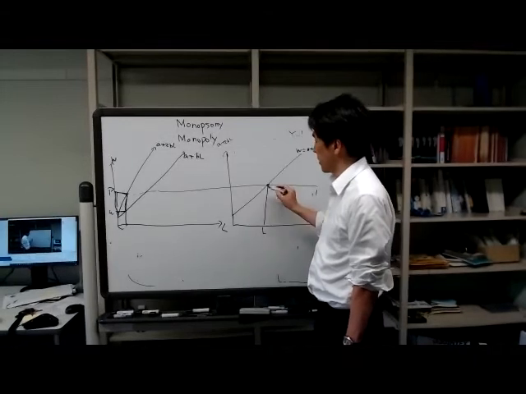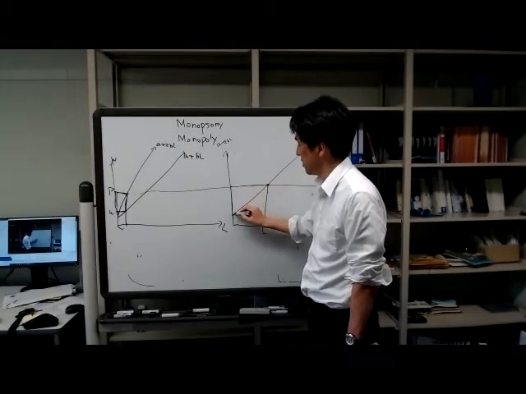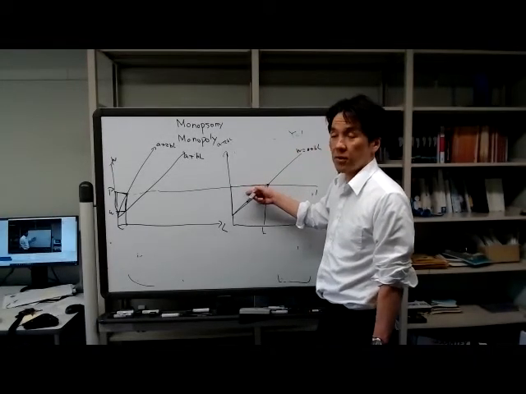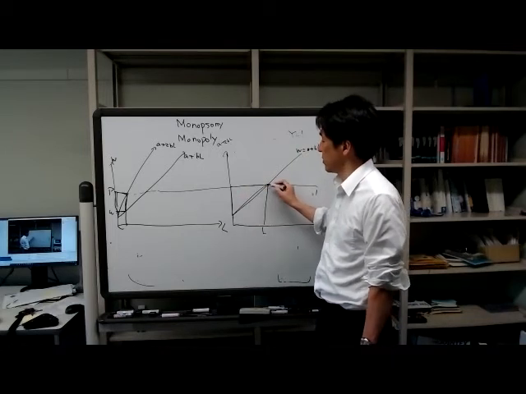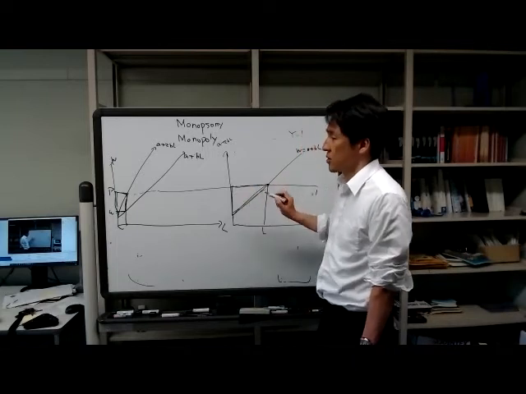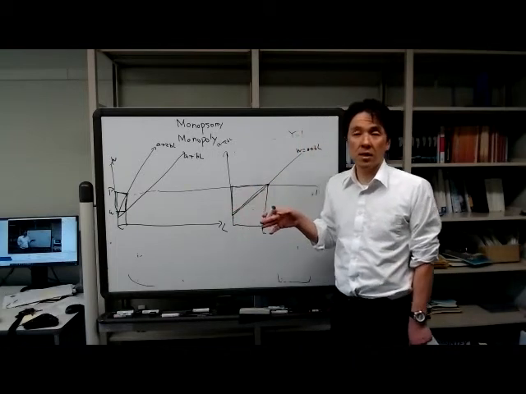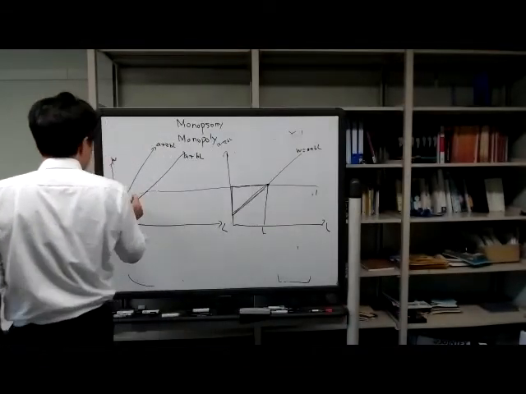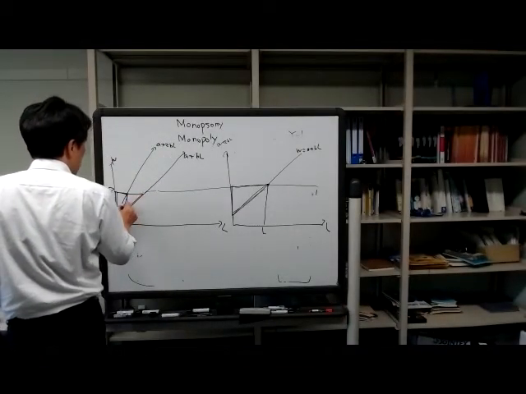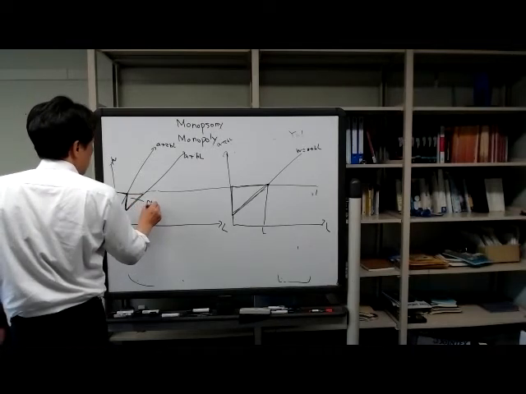So which implies that this is the consumer surplus. Producer surplus is equal to 0 because the profit of the company in this case is 0. Which means social surplus is this. So basically, when the company has bargaining power, there's some loss of social surplus, which is equal to this. So this is the deadweight loss.